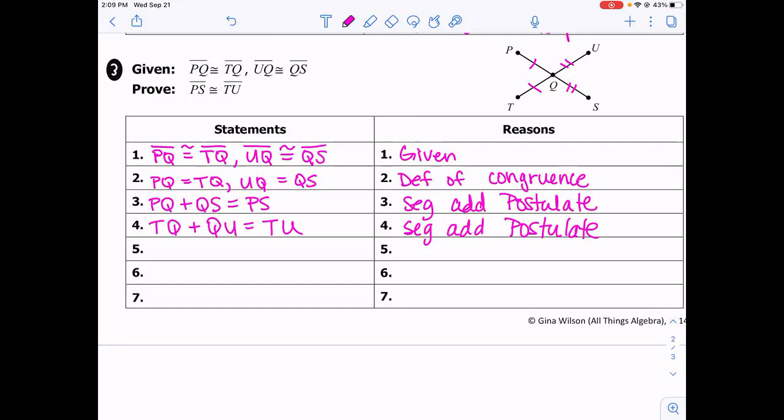Substitution property. Yeah, okay, so this PQ is equal to TQ. Hey, look, right here, here's PQ. So let's take PQ equals TQ. So TQ plus QS equals PS.